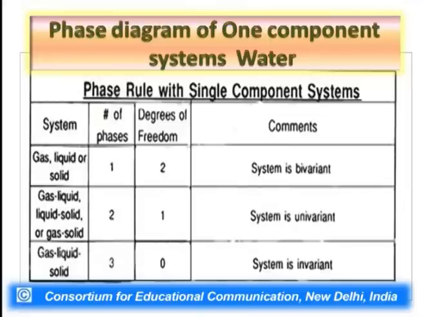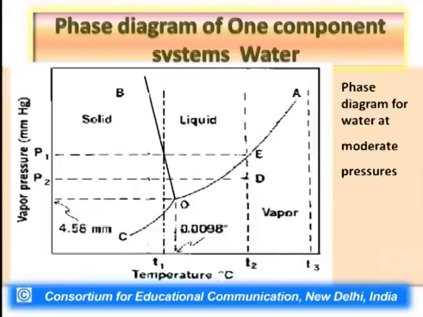If you want 3 phases in equilibrium with each other, it means you can neither change temperature nor change pressure; you cannot change any variable whatsoever of any kind. That means on this phase diagram, point O is the unique point at which curves BO, AO and OC intersect, meet.